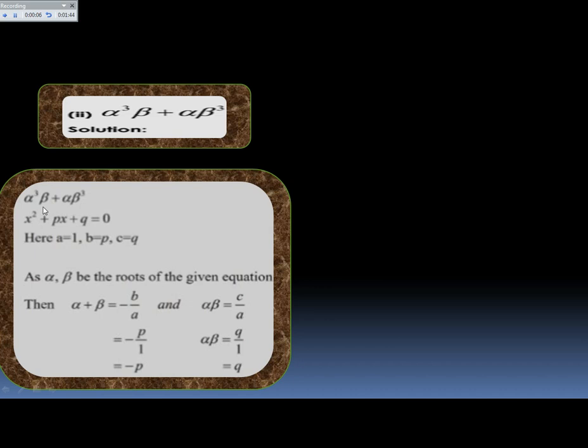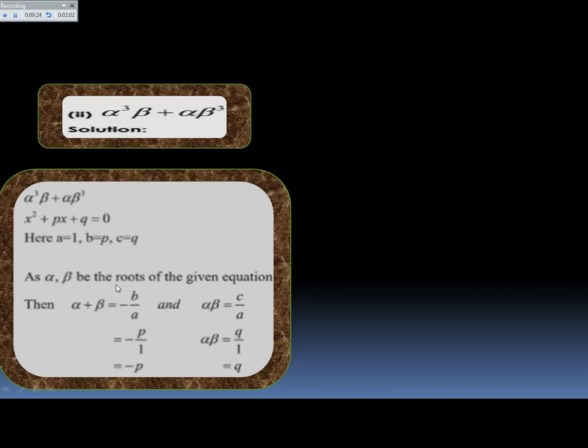Next, alpha cube beta plus alpha beta cube. X square plus px plus q is equal to 0. Comparing with the standard quadratic equation, a is equal to 1, the coefficient of x square, b is the coefficient of x and c is the constant term.